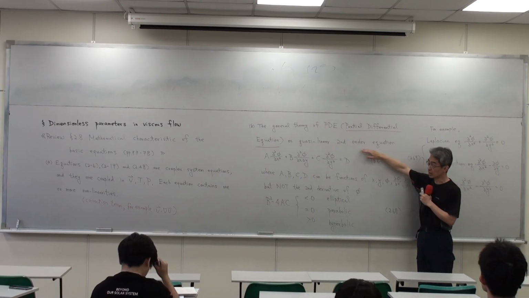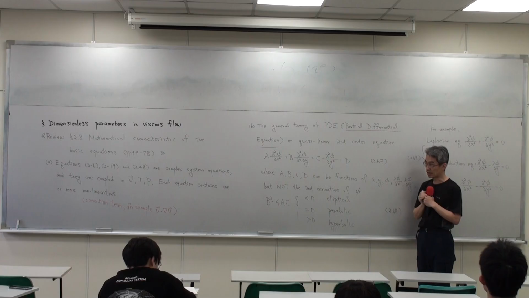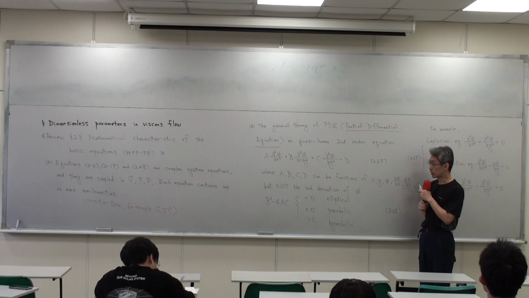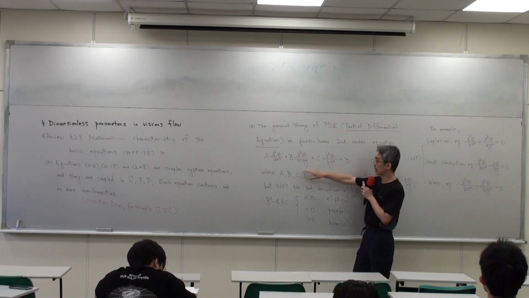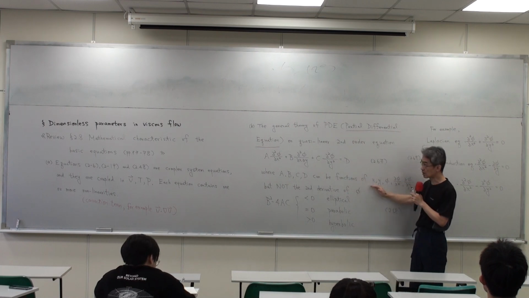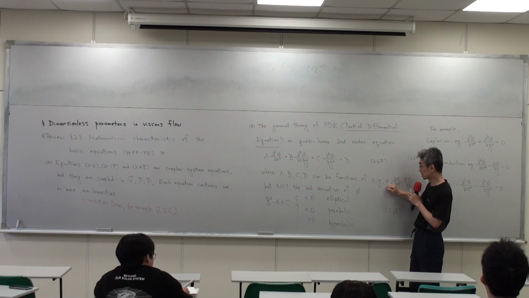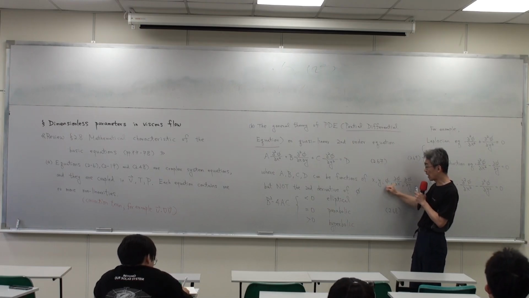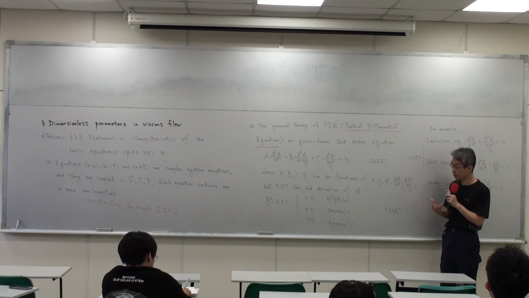Second order means the maximum differential is the second derivative. And for this, A, B, C, D can be functions or constants of x, y, or the unknown function. Phi is some unknown function we're going to solve, and this phi usually is a function of x and y, or in most simple cases they are constant.